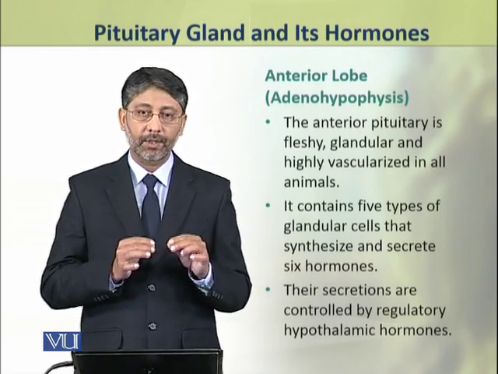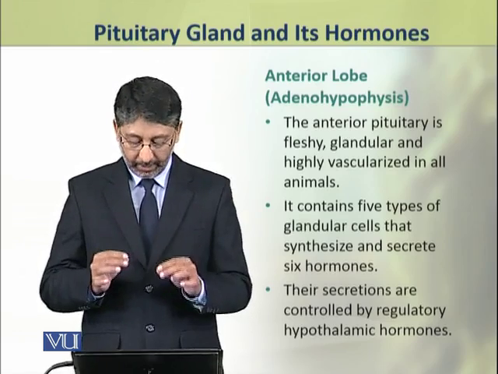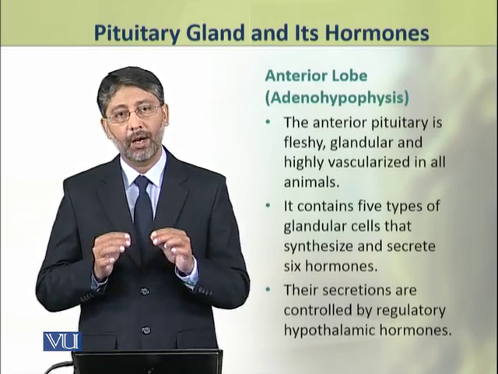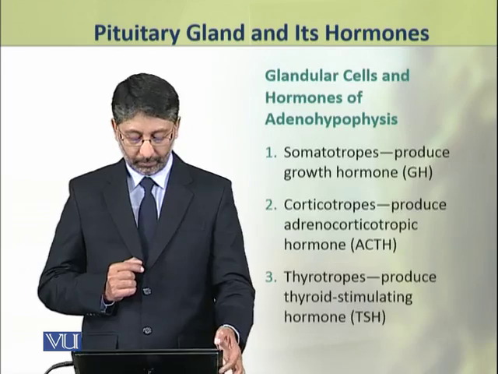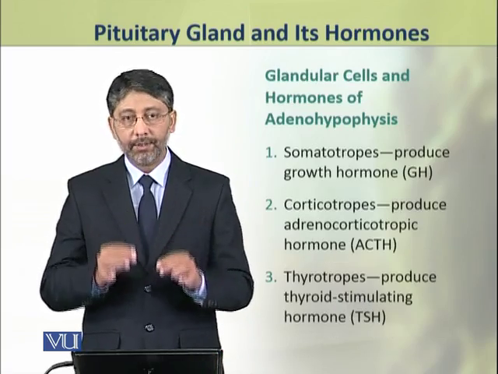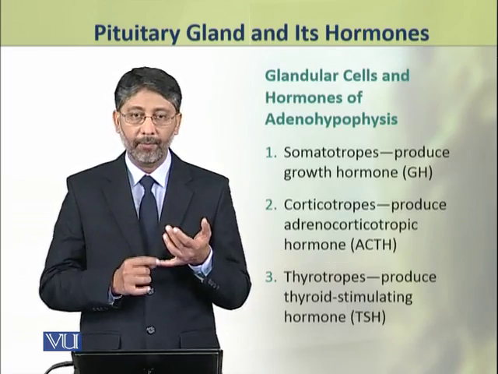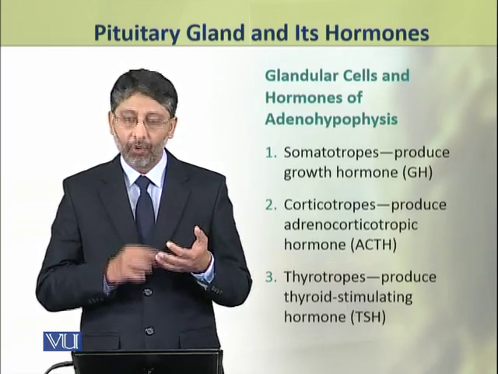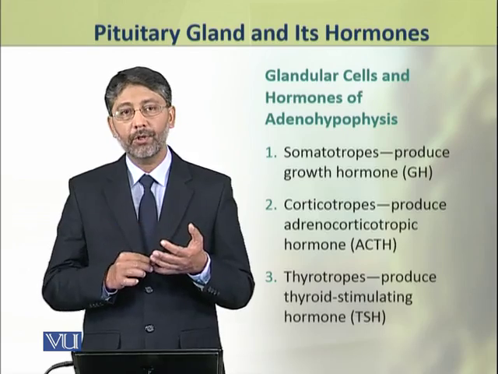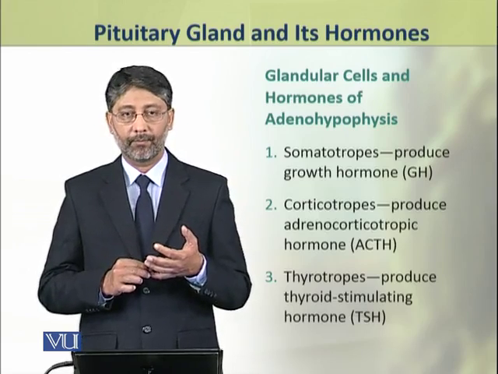Their secretions are controlled by the hypothalamic hormones. These 5 types of cells include: number 1, the somatotropes, which produce growth hormone.